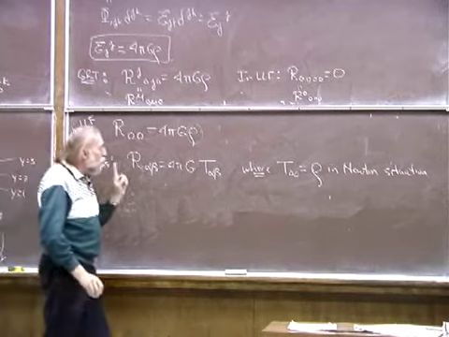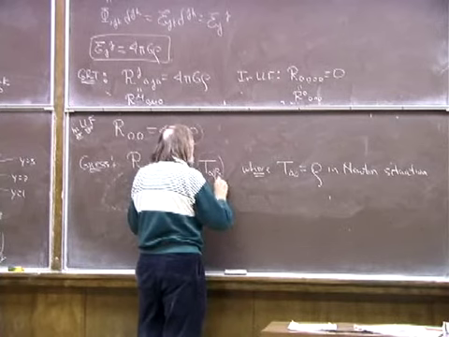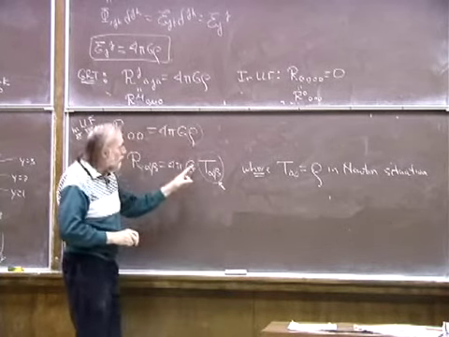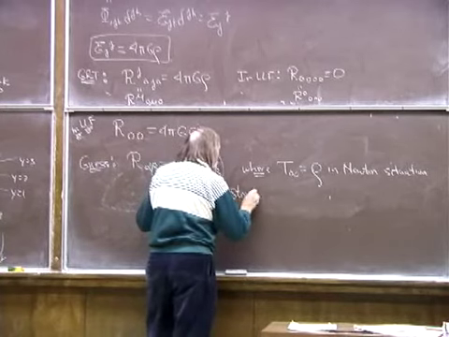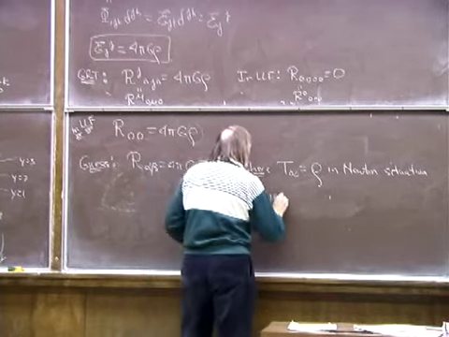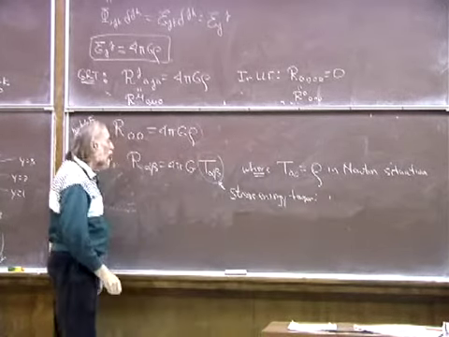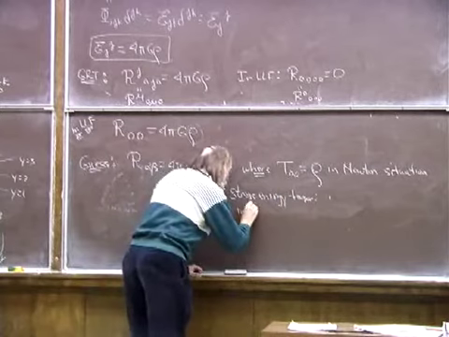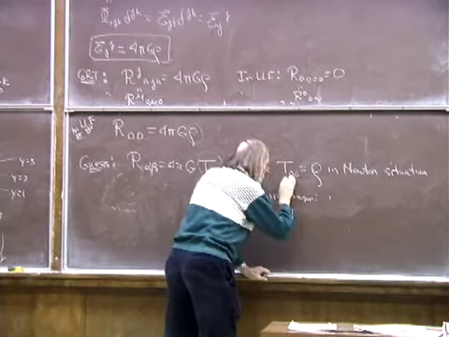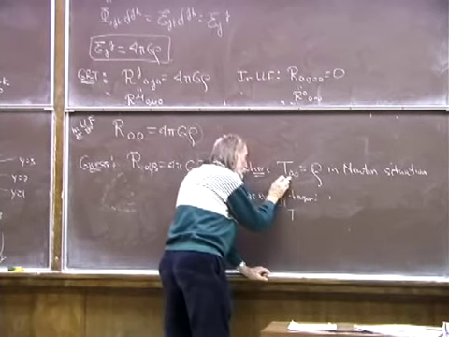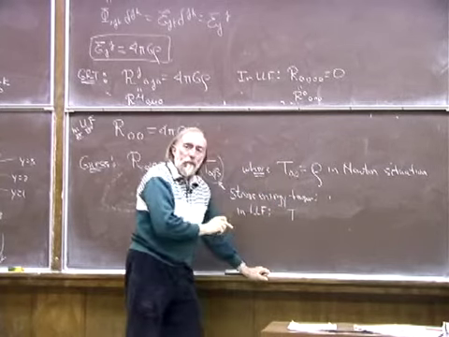Well, I'm going to let you read about this quantity. I'm not going to lecture about it, at least at this point in the course, but just leave it for you to read about. This is, in fact, something called the stress energy tensor. It's a tensor that has the property that in a local Lorentz frame, T, let me put the indices up, I raise this zero index, I flip a sign, I raise that zero index, I flip a sign again, I get back to where I started.